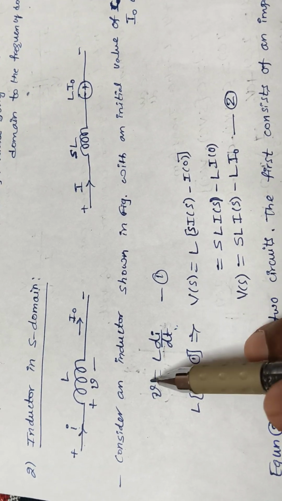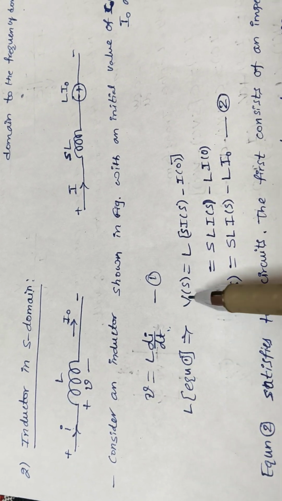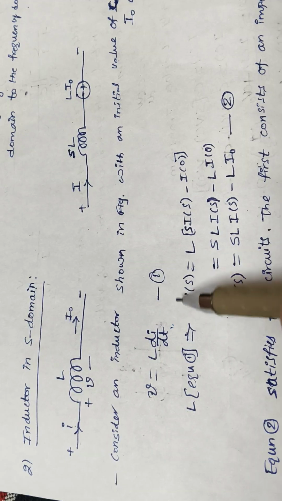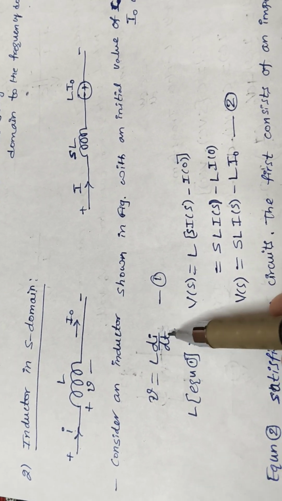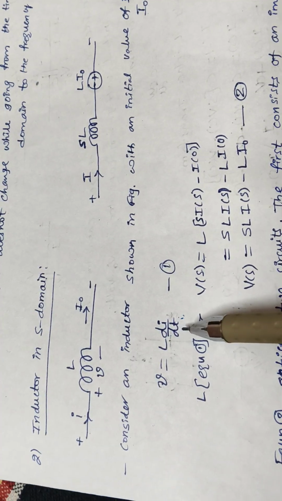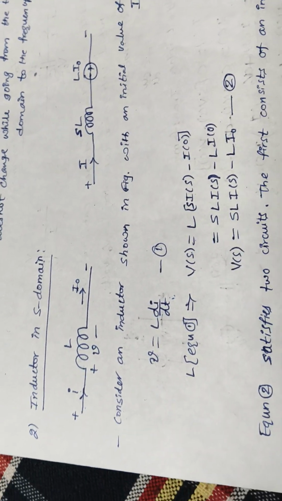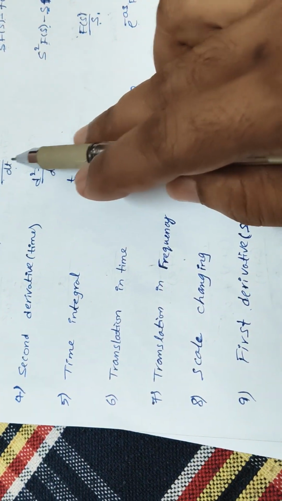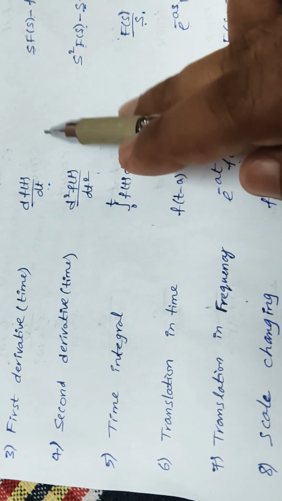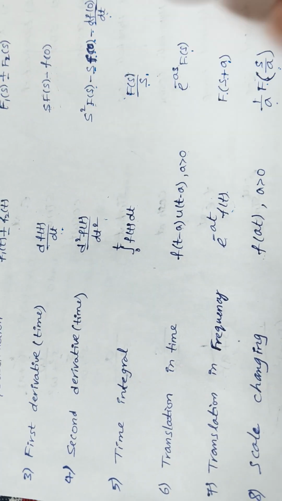If you apply the Laplace transform on both sides, small v will become capital V of S. Then the Laplace transform of L into di by dt. We have seen in the operational transforms that the Laplace transform of df of t by dt is equal to s into F of s minus f of 0.